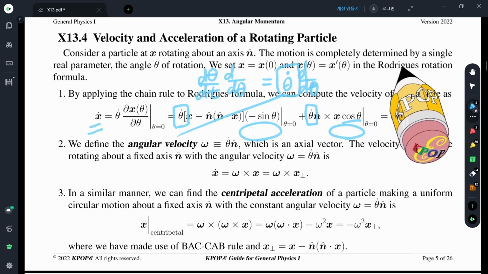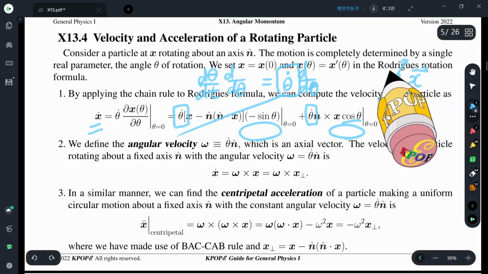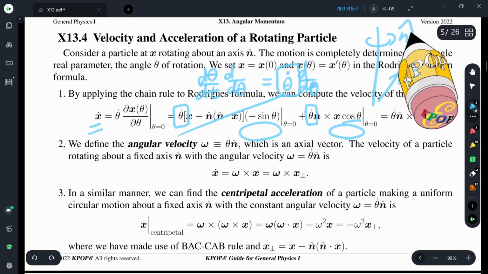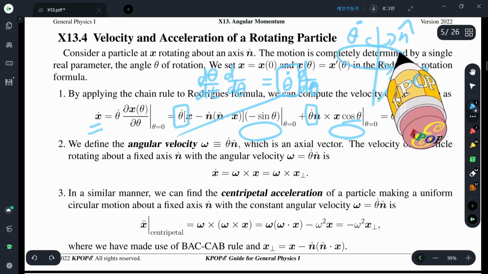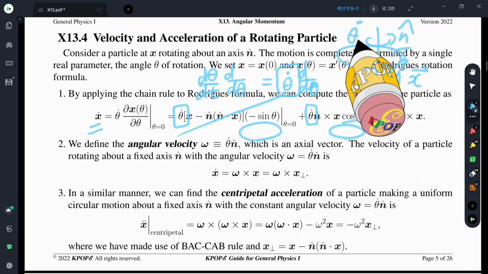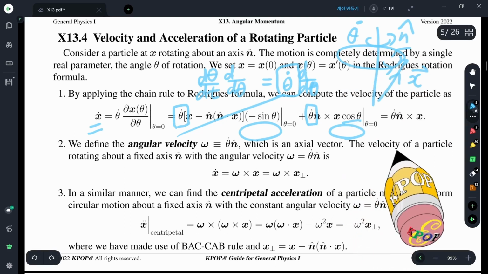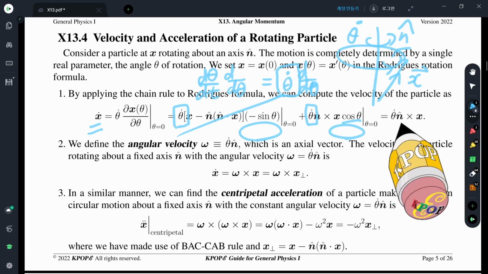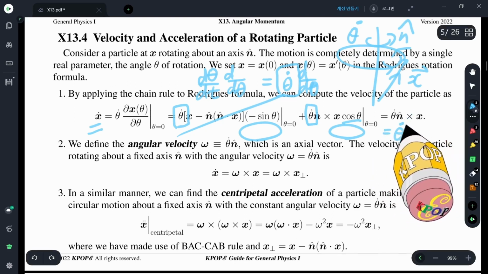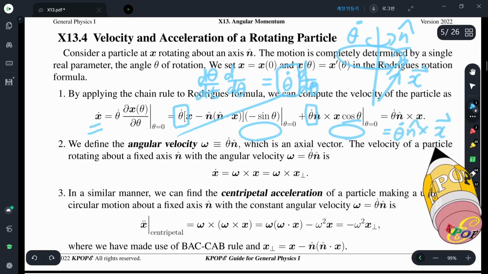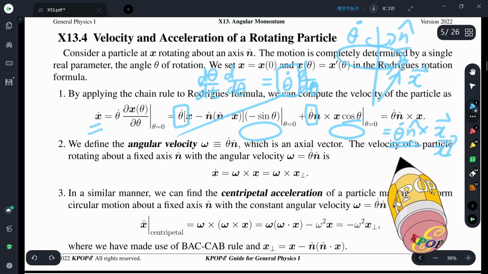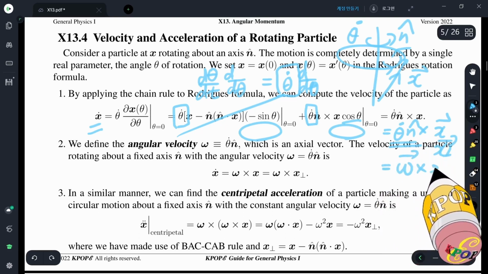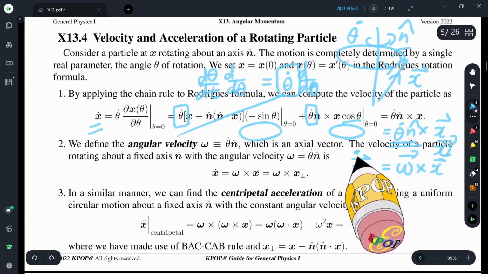The velocity of an object that is rotating about the axis n hat with the angular velocity theta dot, it is making uniform circular motion if theta dot is constant, or even though its theta dot is not constant at that instant, it becomes theta dot n hat cross x, or x perp, either way. And theta dot n hat is called the omega, angular velocity. Omega cross x is the time derivative of that object.